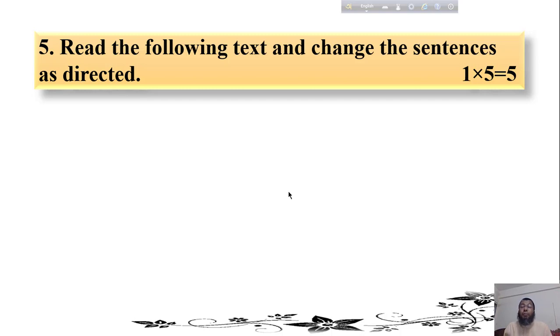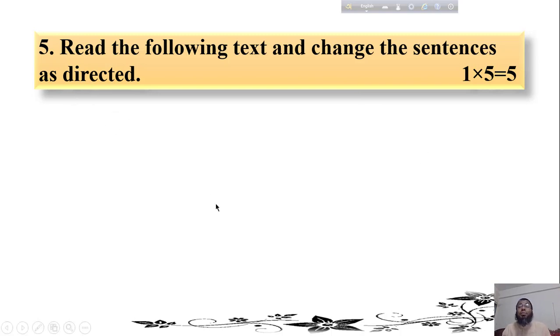So before starting to write our answer, we have to have a clear idea about the questions. We should have the clear conception of the question, and the question is here, read the following text and change the sentences as directed. Good.